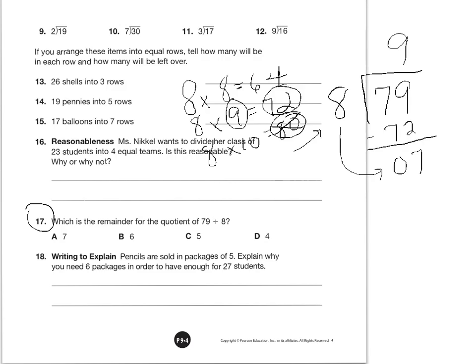So I do have a leftover amount, and this is now smaller than my divisor over on this side. So I need to write R7, remainder 7. So the question I need to go back to says, what is the remainder? It doesn't say what is the quotient, but it says what is the remainder. I come over to my problem, circle 7, A would be correct.